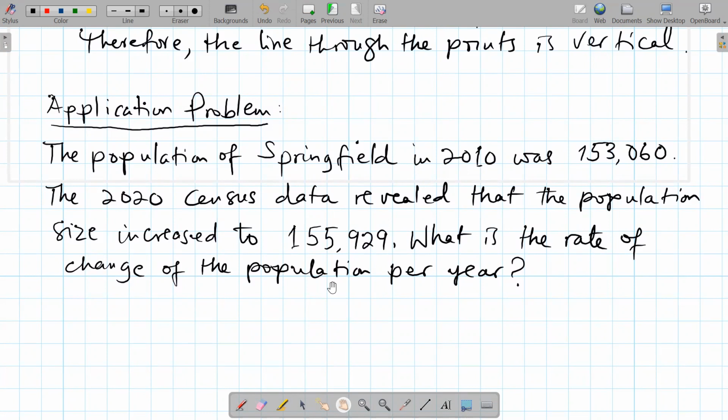So this is Springfield, Massachusetts. The question is, what is the rate of change of the population per year? So we are looking at a 10-year gap here from 2010 to 2020. Okay, so this is purely a rate of change problem. This is purely a slope problem, if you will.